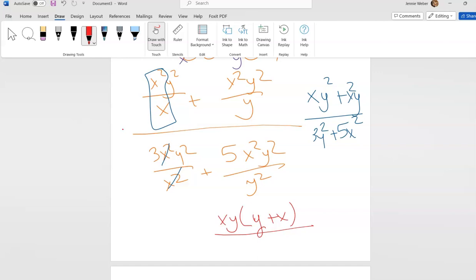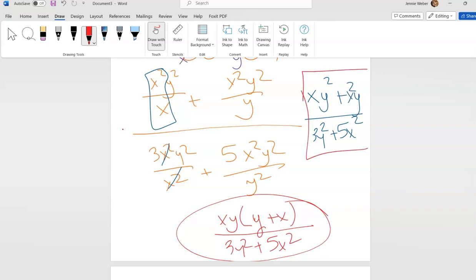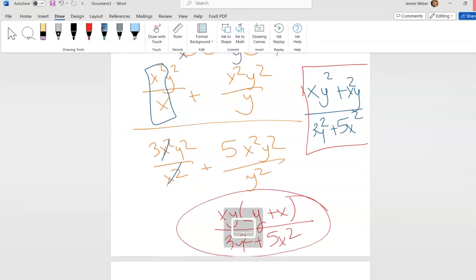And then down here, I can't do anything. So nothing's going to cancel. This is going to be my final answer. This would actually probably be fine, although looking at these x's and y's, a lot of times I will factor, hoping something will cancel, and often it will. In this case, it didn't. So sad. But, you know, you can always hope.